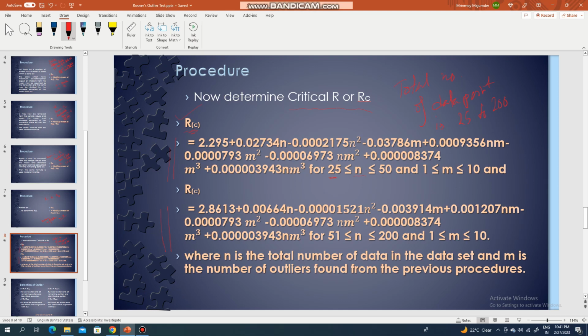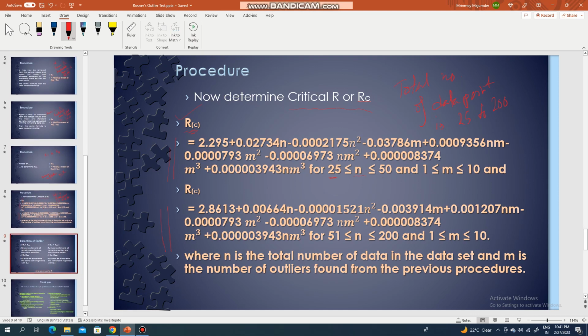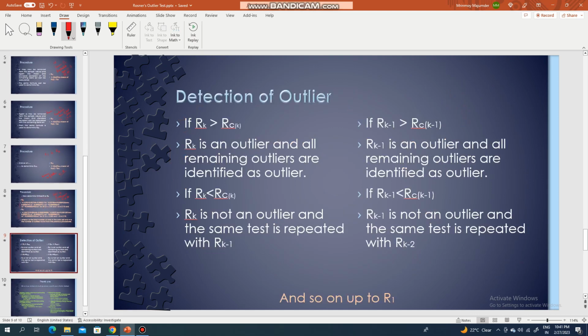So after we have calculated the RC, the next step is very easy. Take the R values one by one. Suppose R1, you compare with RC. If RC is less than R1, then the data point which has this R1 value will be an outlier.